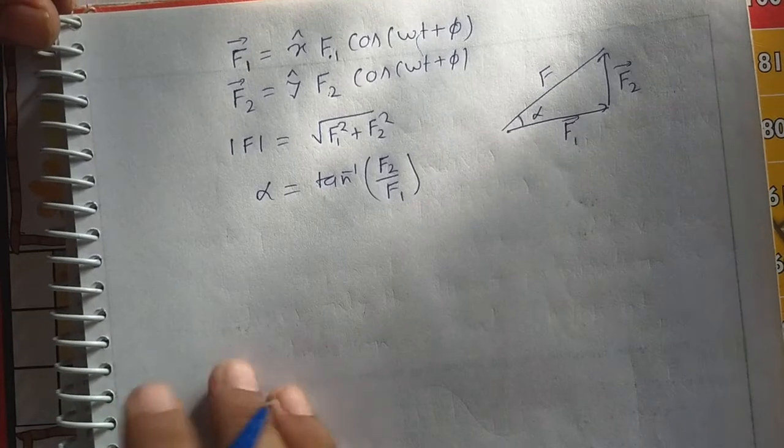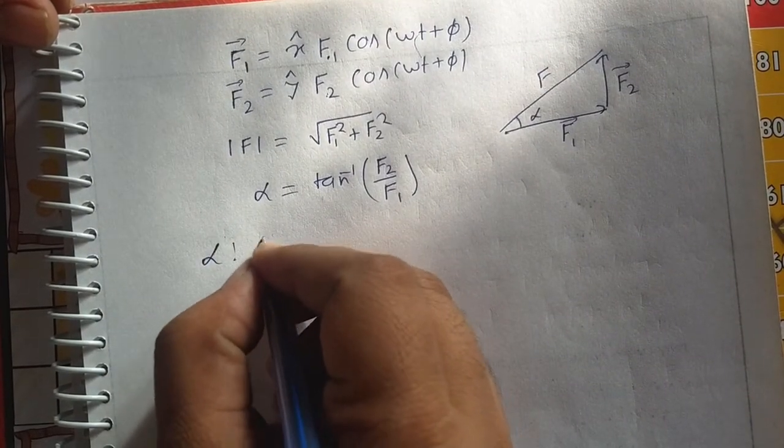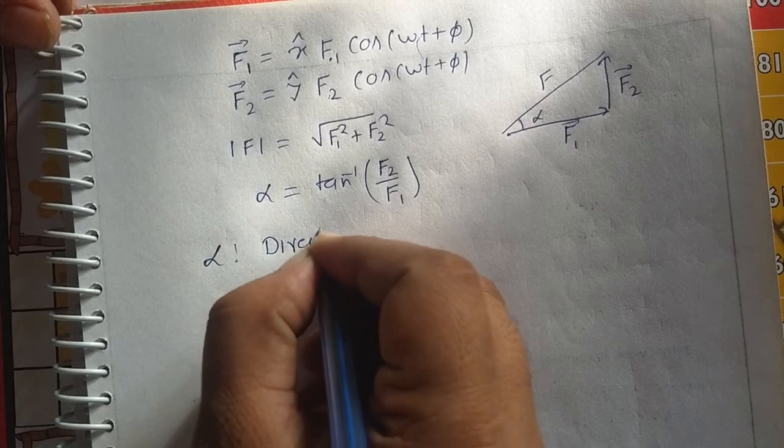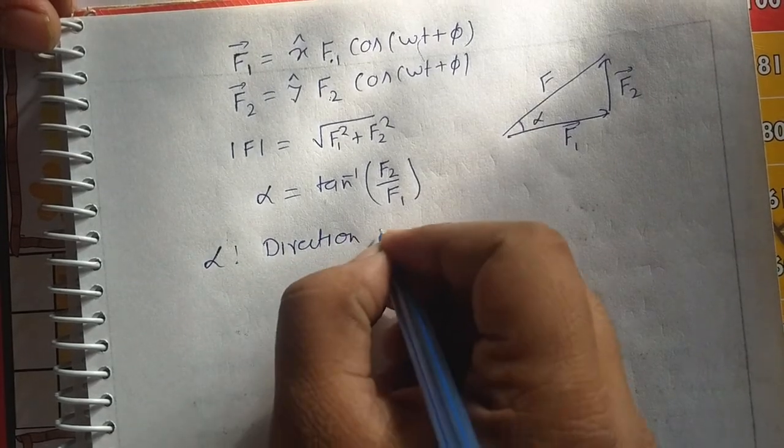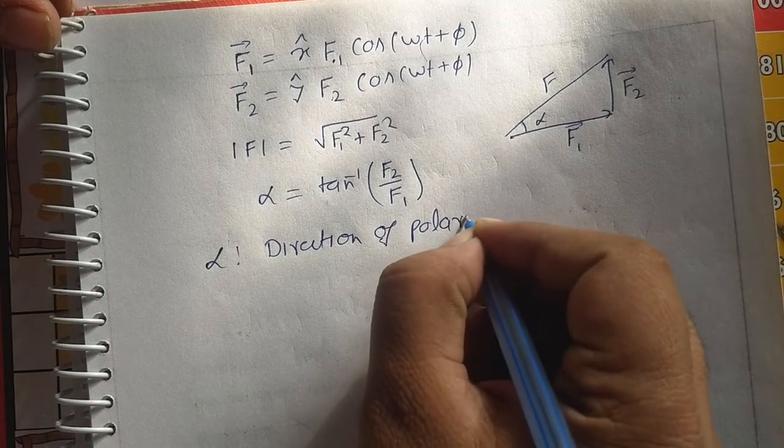Okay, so you can see here alpha is the direction of polarization.